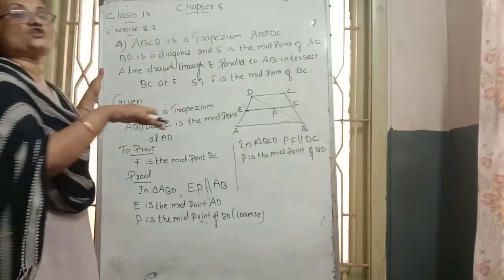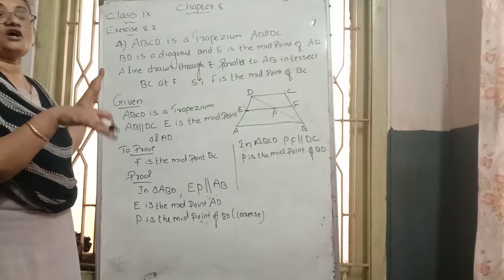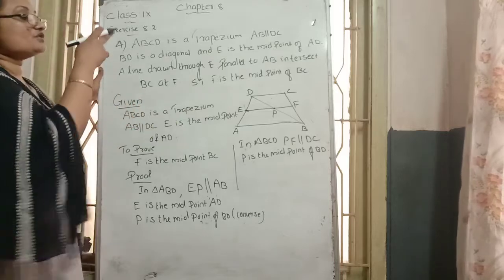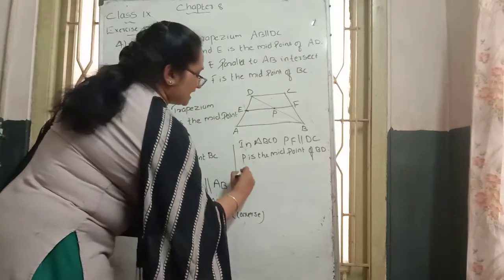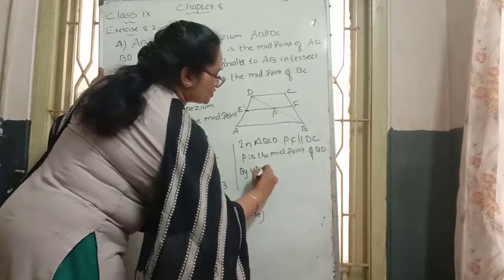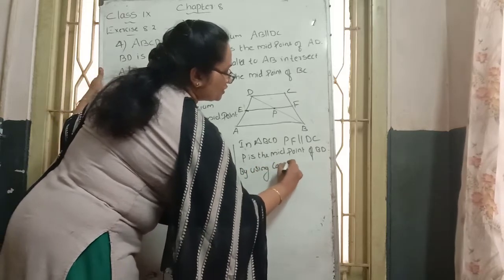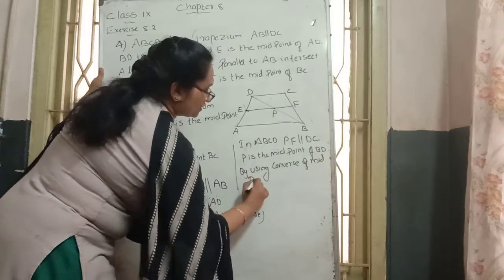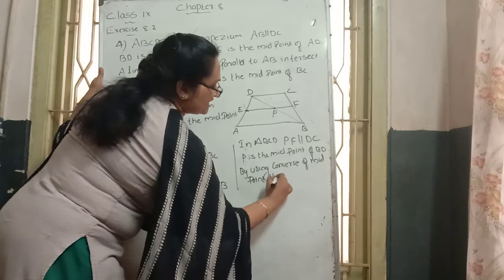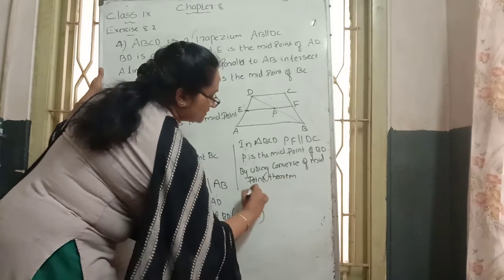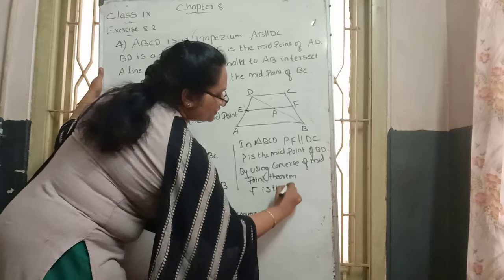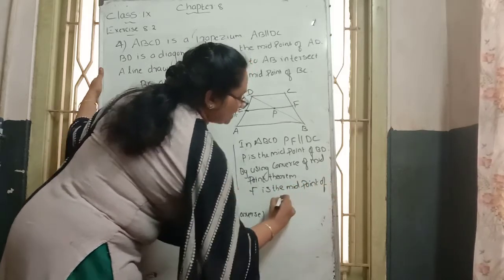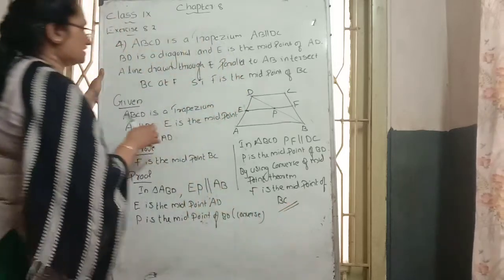In the same way, by the converse of the midpoint theorem, we can say that F is the midpoint of the BC side.